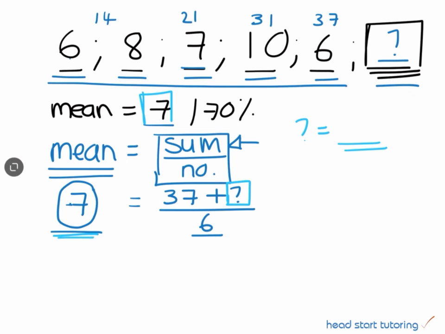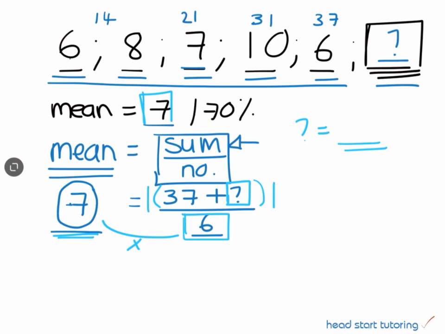So we know that 7 is equal to 37 plus something, over 6, or divided by 6. So 7 equals something divided by 6. That's exactly the same as saying that to work out our numerator, we need to multiply our denominator by this whole number here.